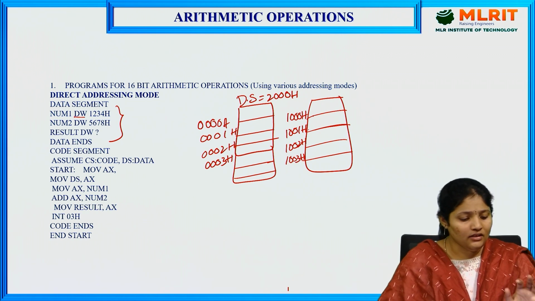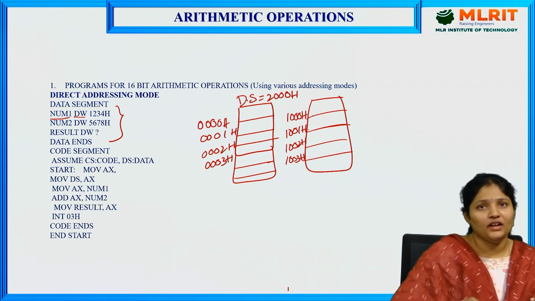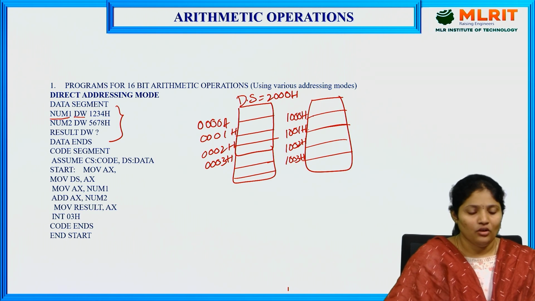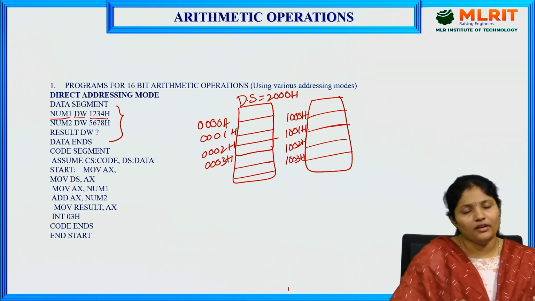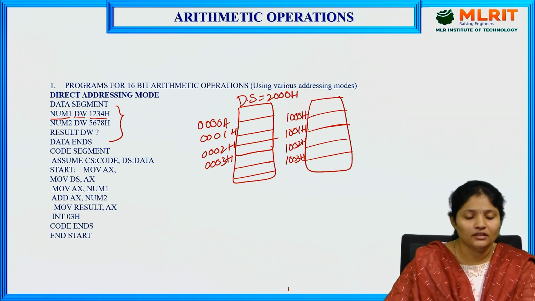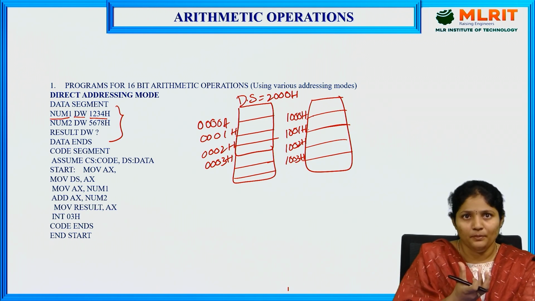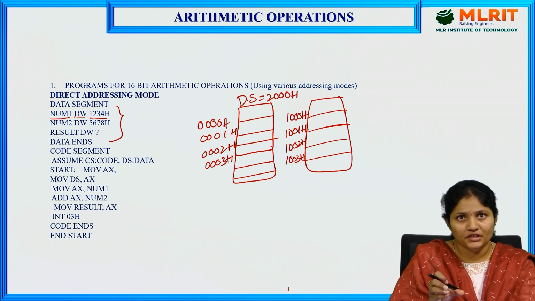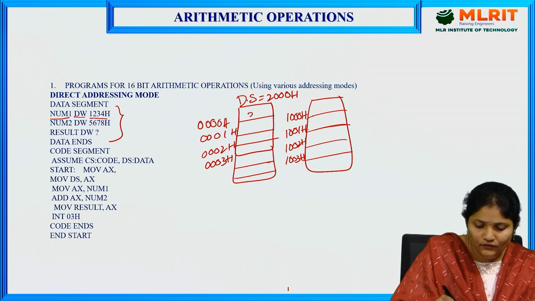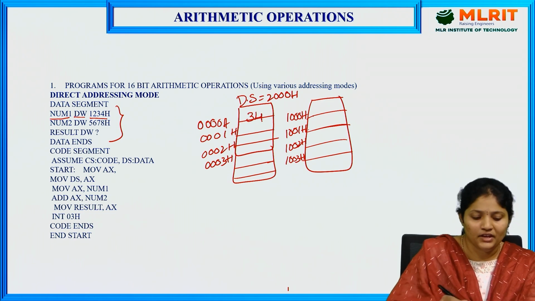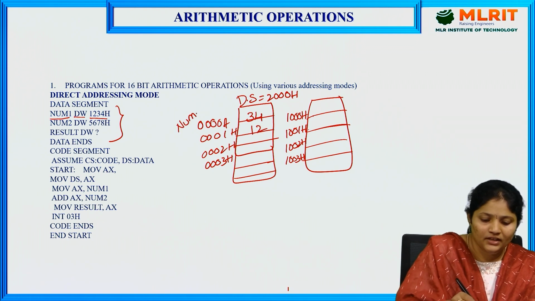Now number 1 is the label of that particular data 1234. I have already told in the previous videos that the least significant byte will be stored in the first memory, followed by the most significant byte. So here 34 will be stored in the first memory, followed by 12. So here the label will be number 1.